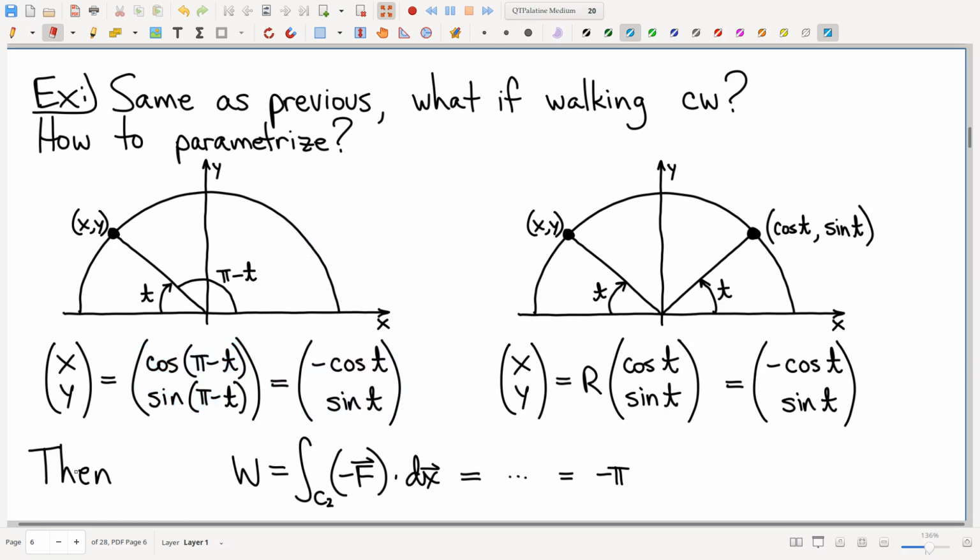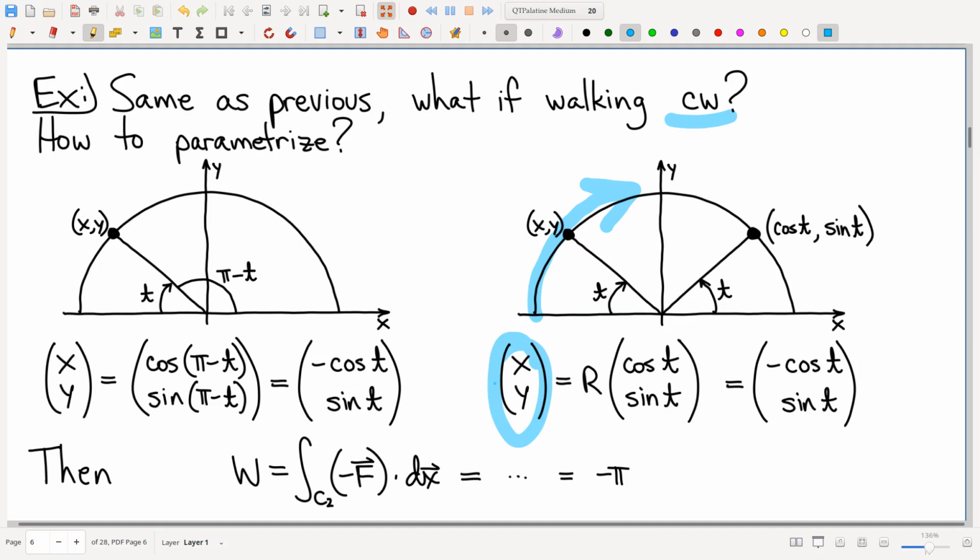Let's look at the next tool for your toolbox, which is a different way of coming at it. I want to parameterize this curve clockwise. I want to get a formula for position on that curve as a function of t.